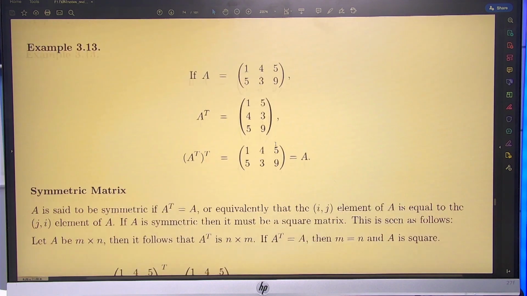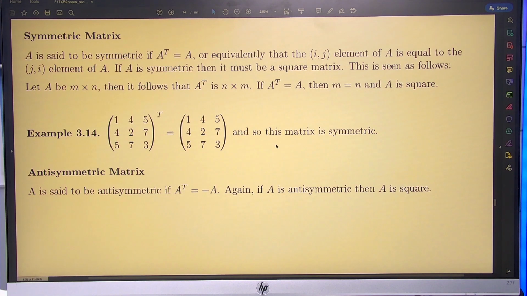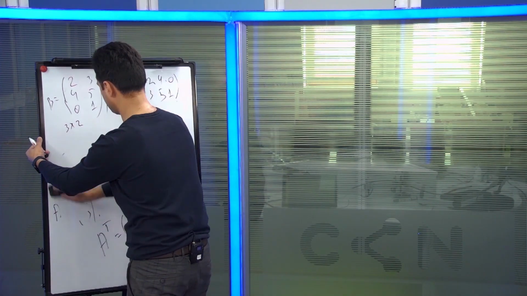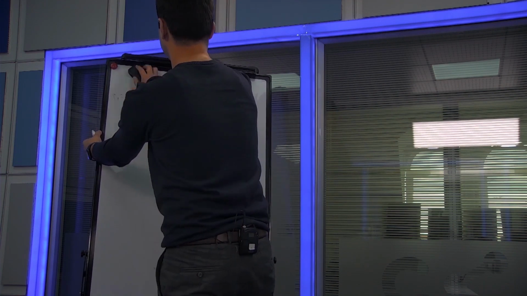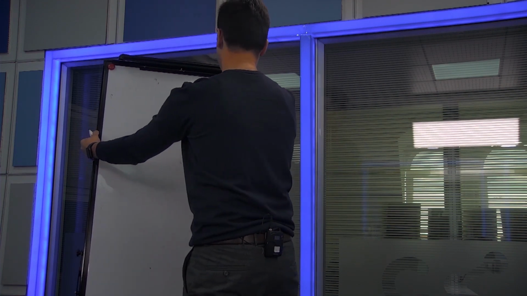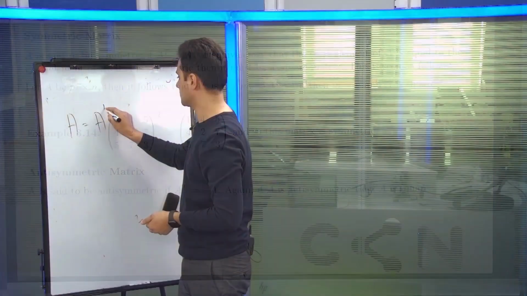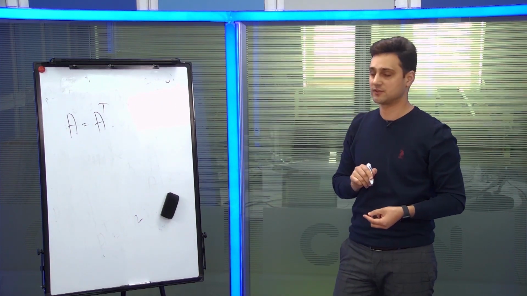Well, so now we need to define the symmetric matrix. Under which condition do we say that the matrix is symmetric? If the matrix A is equal to A transpose, it means that this matrix is a symmetric matrix.